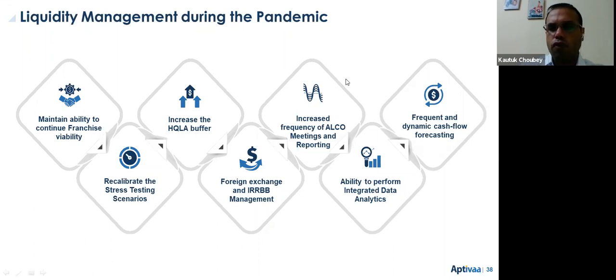Now, as Gaurav also discussed during his ILAAP discussion, there are two types of systemic risk we are looking at. Firstly, from banks which are too big to fail, and secondly, from banks which are too interconnected to fail. Taking the latter first, as we know, our financial system is a network of interlinked balance sheets, and there are daily transactions which may impact each other.